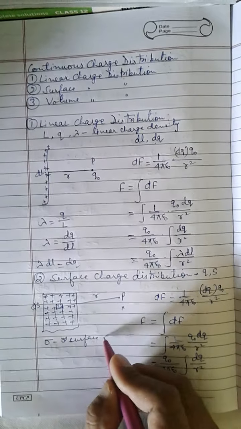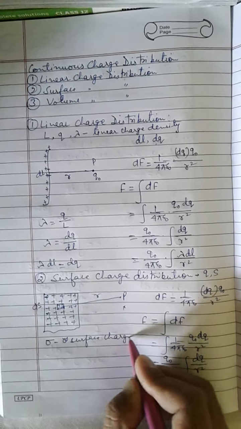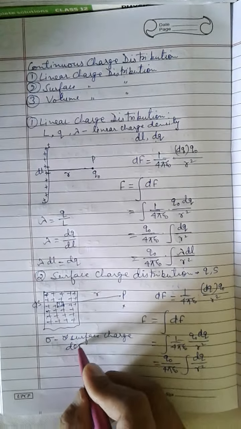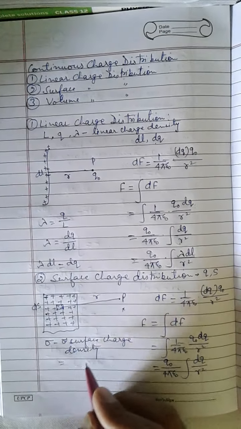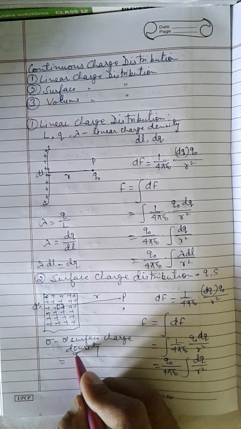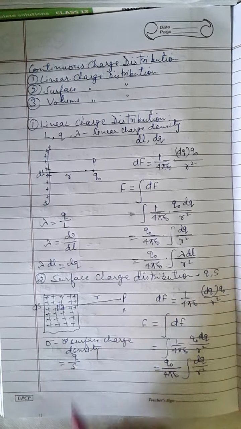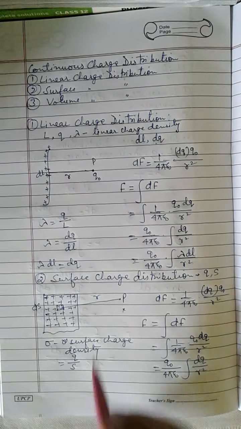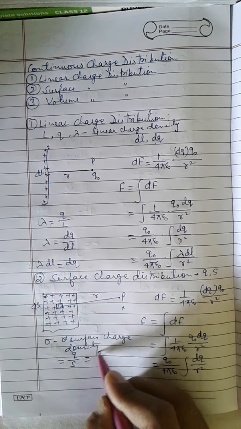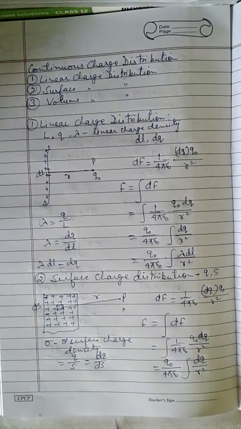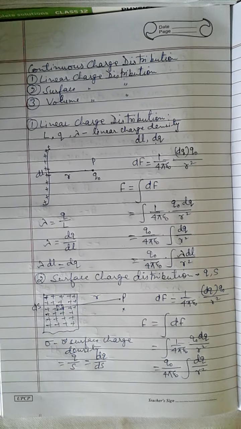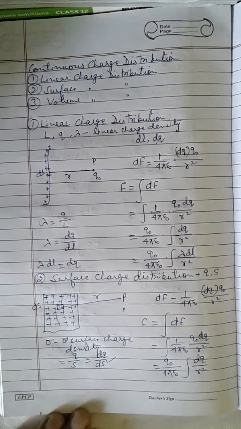As the name says, surface charge density means the charge upon area, for the whole sheet and for the element, dq upon ds.